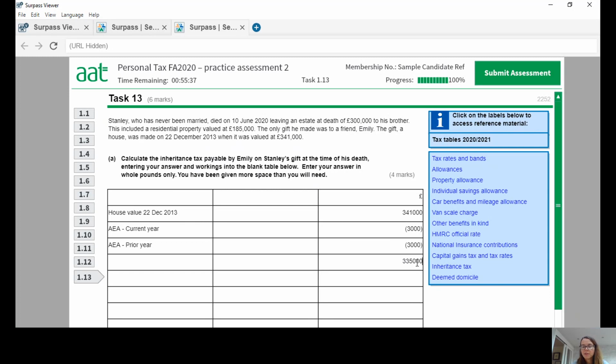So that would have been 135,000. Now we could call that the chargeable transfer. Right, so we then apply the nil rate band, which is 325,000, giving us 10,000 as the taxable amount.